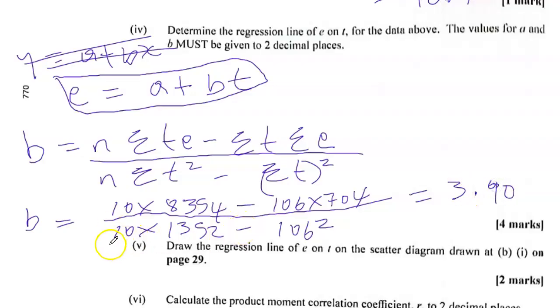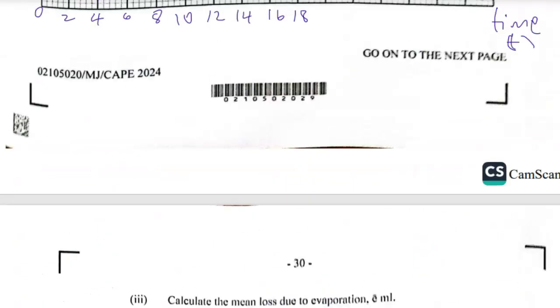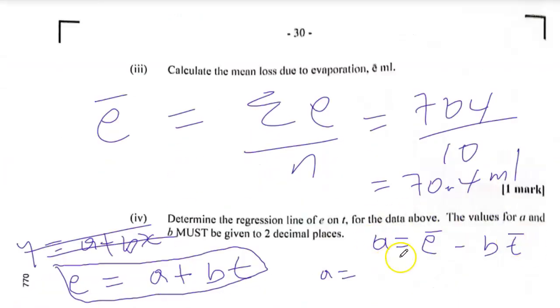We also need A. So A is equal to E bar minus B times T bar. So E bar, we found E bar already. E bar was 70.4, right?